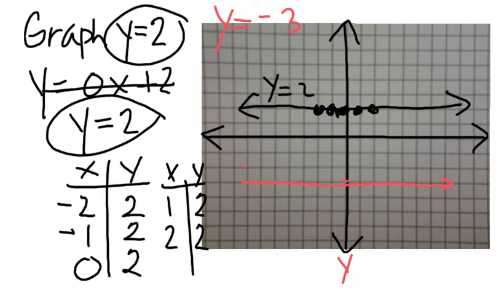Because if I did make ordered pairs for that, wouldn't I be saying things like 0, -3, and 2, -3, because y is -3? And all of those points are on this line. So anytime it says y equals 2, or y equals 1, or y equals 0, or y equals 5, or y equals -4, it's always going to be a horizontal line at that point. Pretty cool, huh?